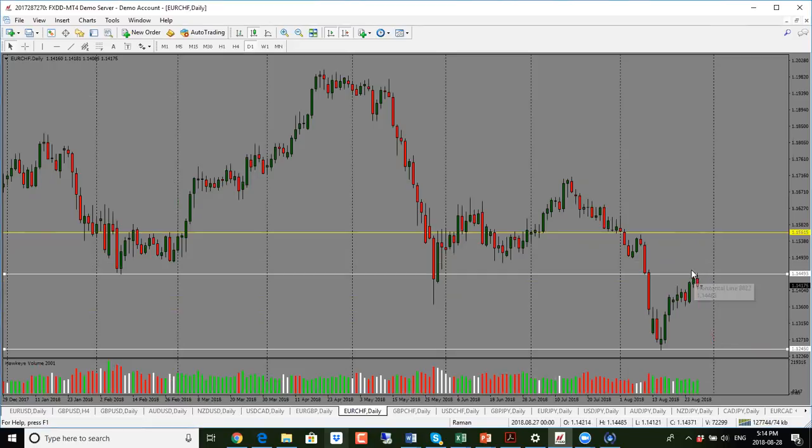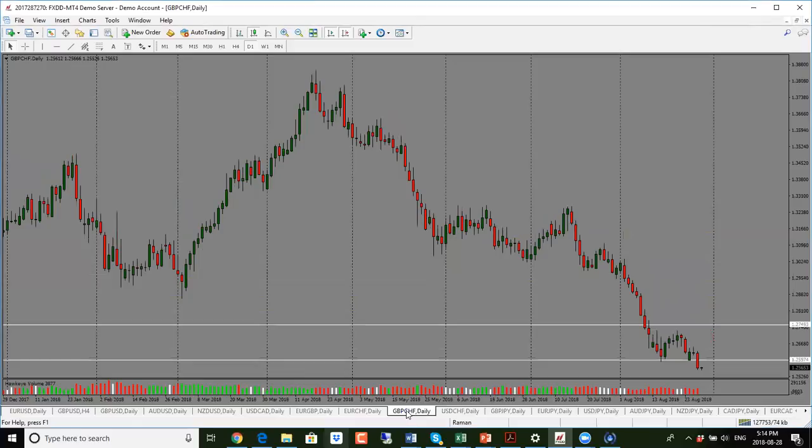Now, if it does cross above the highs here, then again, price is likely to go and trade in this range here. But based on the daily candle close, it's a bearish engulfing candle. So I'm looking for price to drop. And the target here would be essentially this support and resistance level at 1.1360 level. So bias is to the downside for Euro Swiss franc.